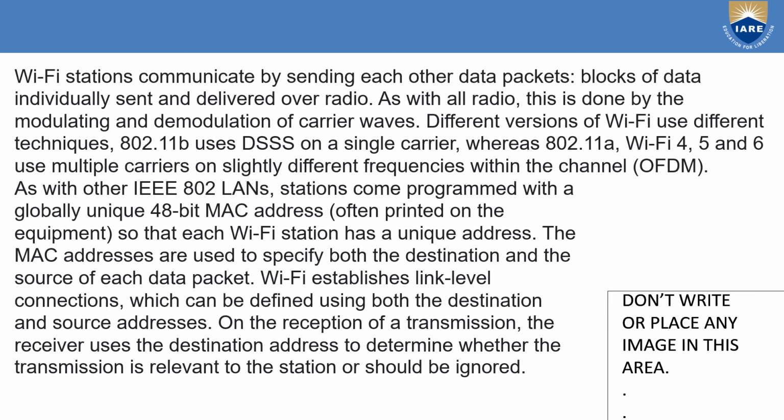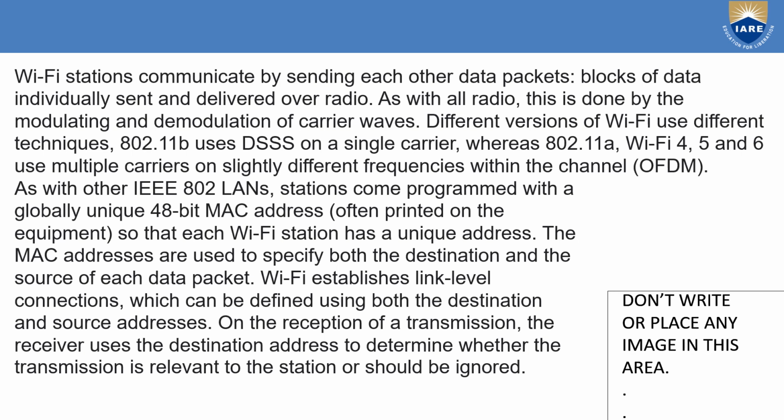As with other IEEE 802 LANs, stations come programmed with a globally unique 48-bit MAC address, often printed on the equipment, so that each Wi-Fi station has a unique address. The MAC addresses are used to specify both the destination and source of each data packet.